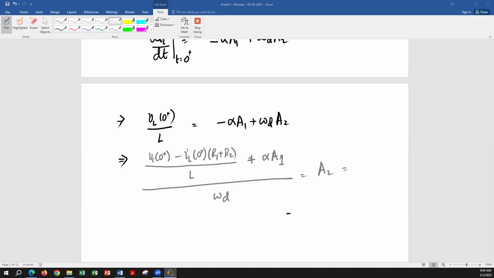Let's calculate that. A2 is VC(0) minus IL(0) times (R1 plus R2), divided by L, plus alpha times A1, everything divided by omega d.